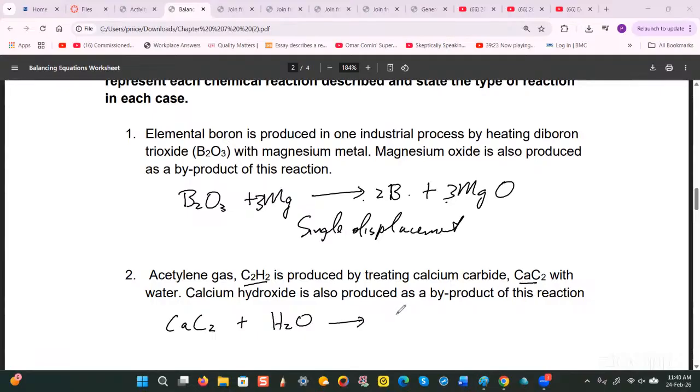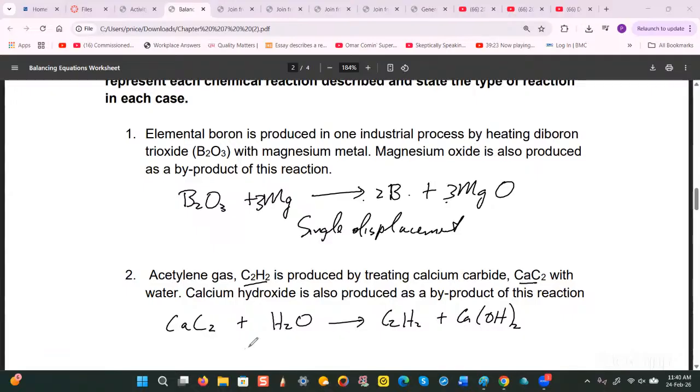C2H2. Anything else? Calcium hydroxide, Ca(OH)2, exactly. So now we have established what the formulas for the reactants and products are. We now have to balance this equation.